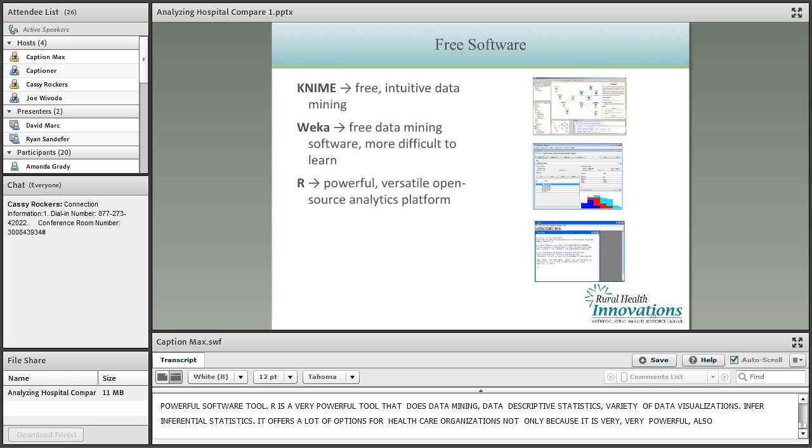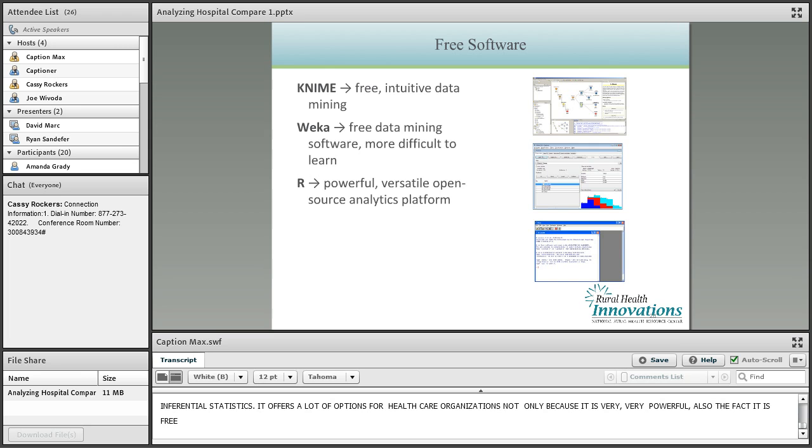This is where free software and open source tools are an option that healthcare organizations should really consider. KNIME is one software that organizations could consider looking at. It's really meant to facilitate data mining, and it is a free tool. It has a nice intuitive design to it, a point-and-click interface.